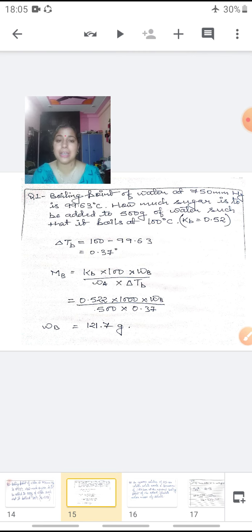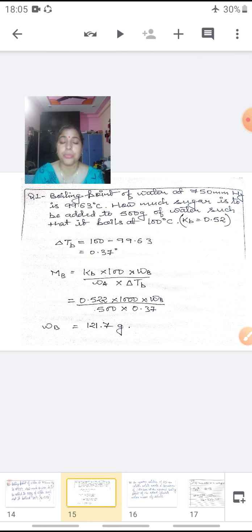That means the value of TB is also given to you and it is 100 degrees Celsius. Now applying the formula that we derived the last time, delta TB is equal to TB minus T0B. TB is 100 degrees Celsius, T0B is 99.63. Subtracting the two, we get 0.37 degrees.